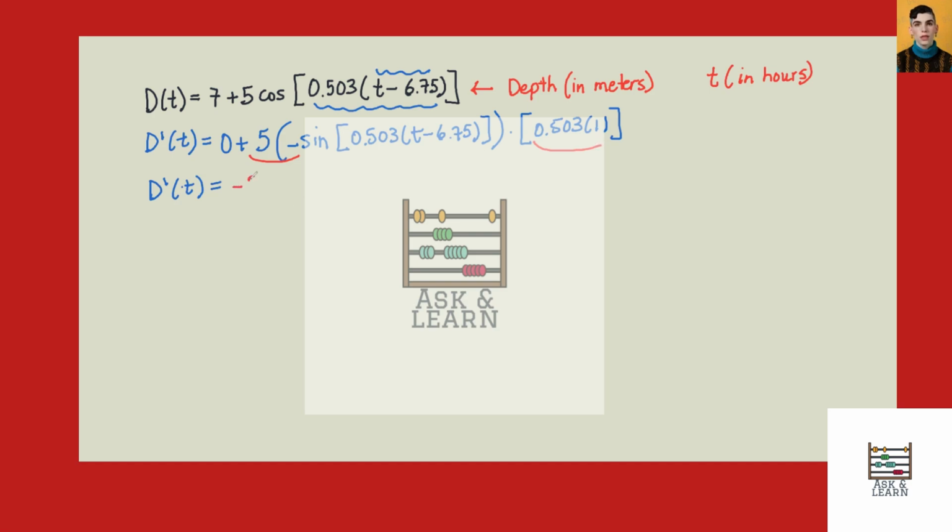That will give us minus 2.215 sine of 0.503 t minus 6.75. Okay, so that is our rate of change of depth in meters with time.